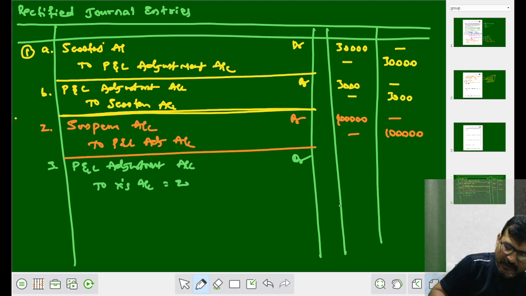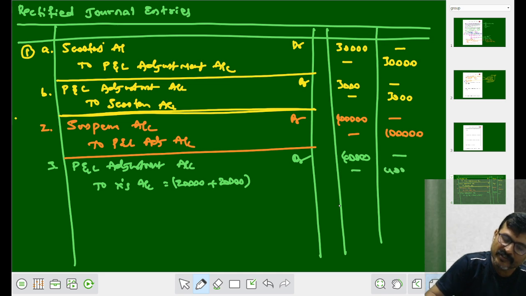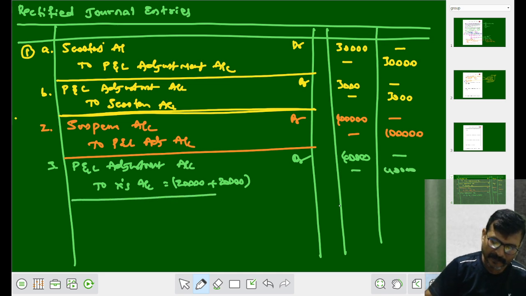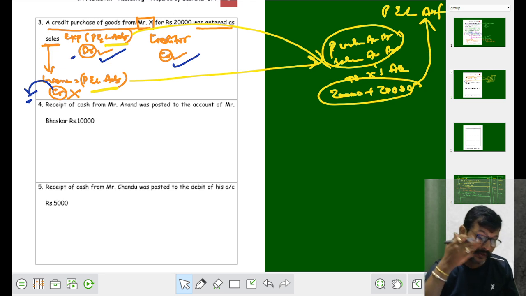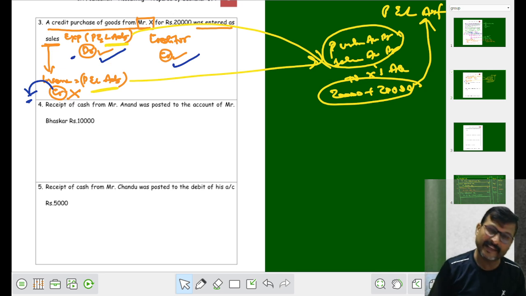How much? 20,000 as purchases, 20,000 as sales. Put together it becomes how much? 40,000 dash dash 40,000. Being wrong credit in sales account is rectified.